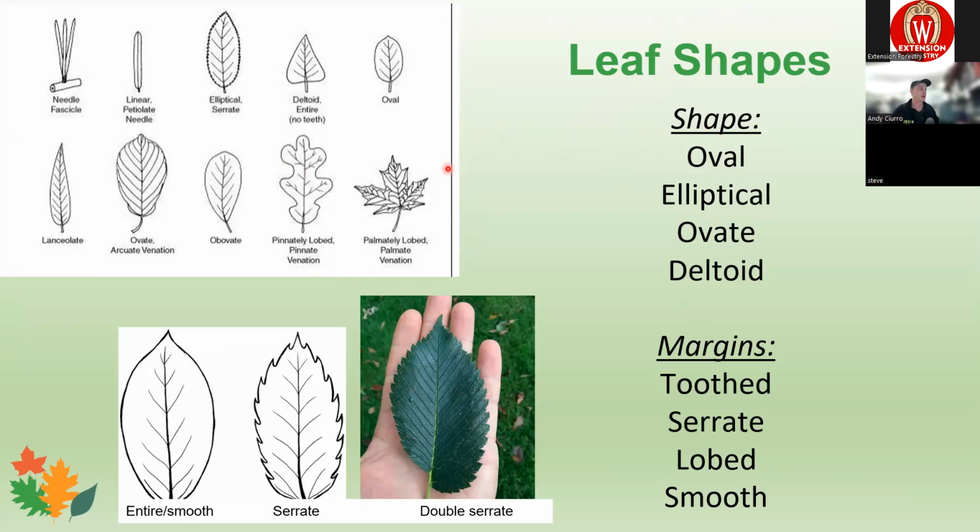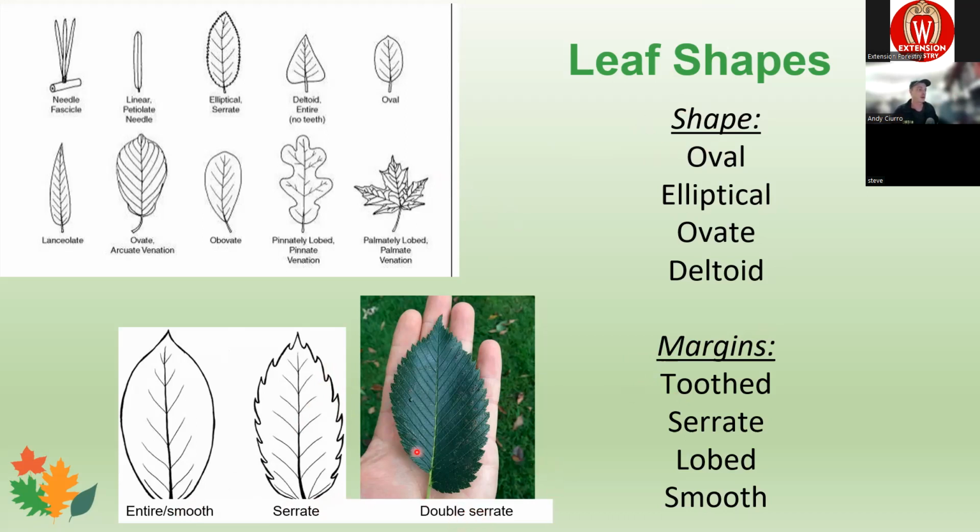These terms are defined in your Michigan trees, in your other reference material, and in this PowerPoint that you can print out. So feel free to print this out and come back to it. It's going to describe the shape of the leaf and also the margin of the leaf. The margin is basically the outline of the leaf, right? So it's either going to be smooth, serrate, or doubly serrate.